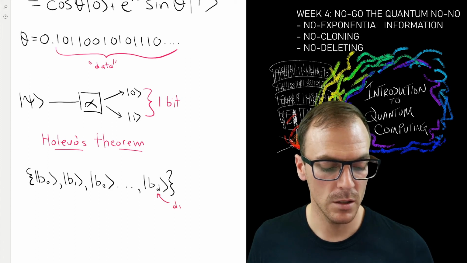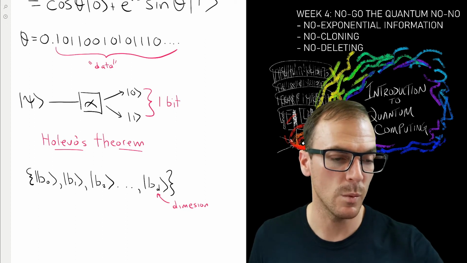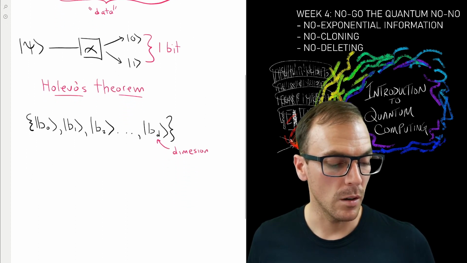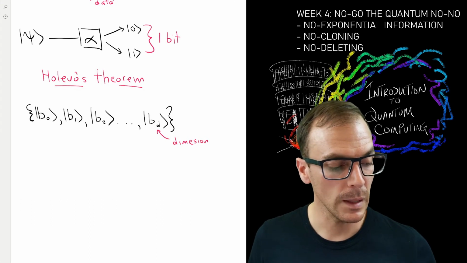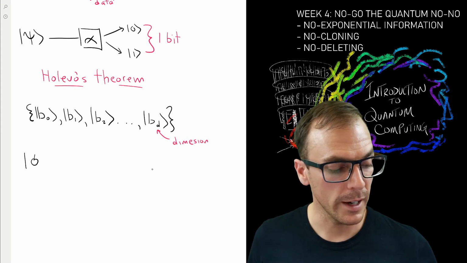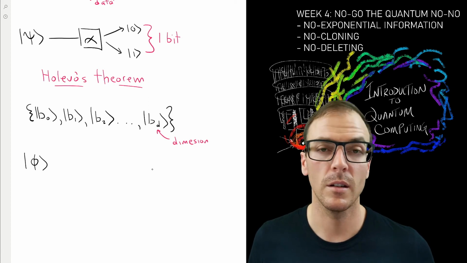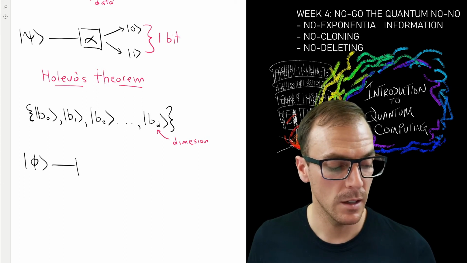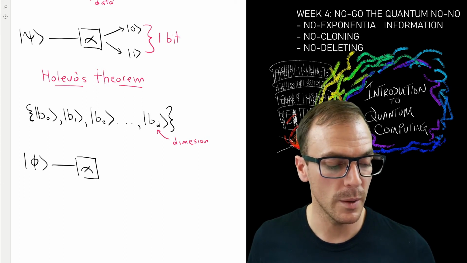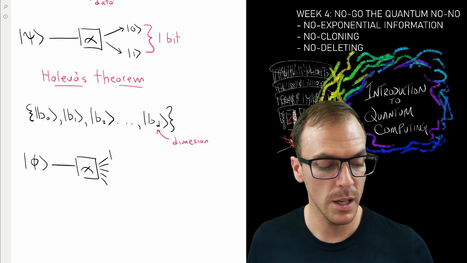So the dimension of a vector space is the same as the number of basis vectors I can find for it. If I have some vector that exists in this complex vector space that's spanned by this basis set, and I perform a measurement, I try to read the data, then what comes out is one of these basis vectors.